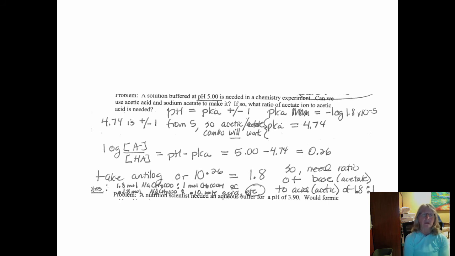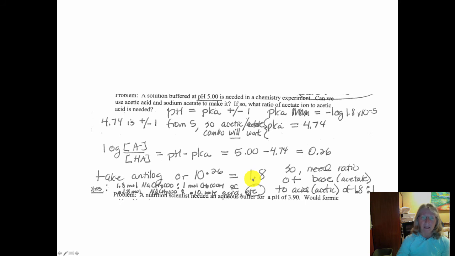Using the equation that we had from the previous slide, the log of the base over the acid should be equal to pH minus pKa. So take 5, the pH, minus pKa, 4.74, and you get the answer 0.26. Now that's still the log of the base over the acid, so take the antilog of that number. 10 to the 0.26 equals 1.8.